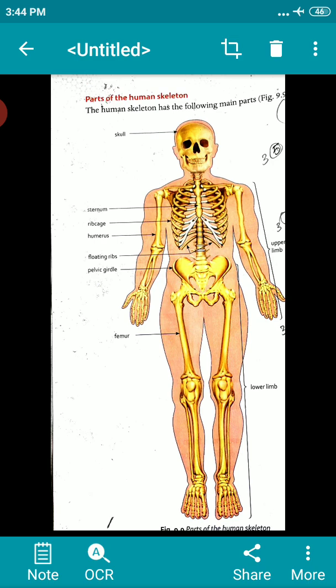The skeleton has the following main functions. First of all, it helps in movement. It provides support and gives shape to the body. It protects important internal organs such as the brain and heart. So the main functions of the skeleton are: it helps in movement, it gives support to the body, it protects internal organs.